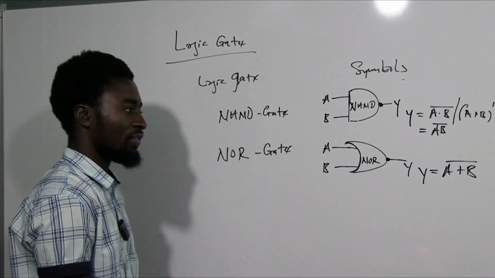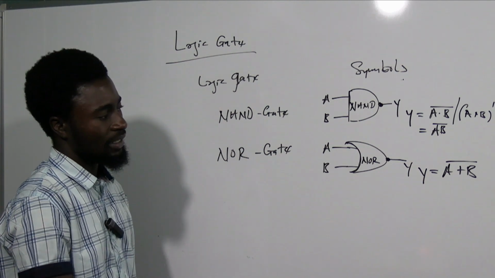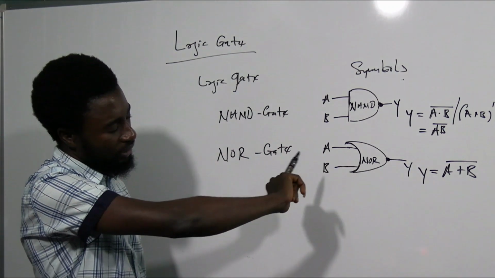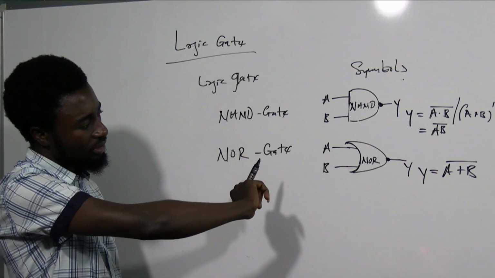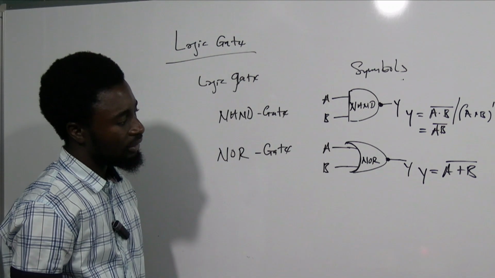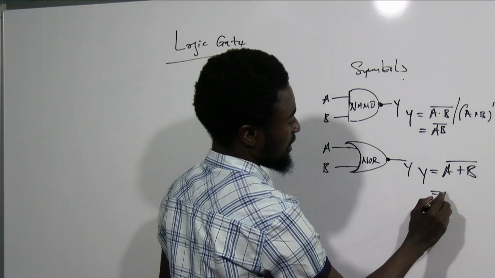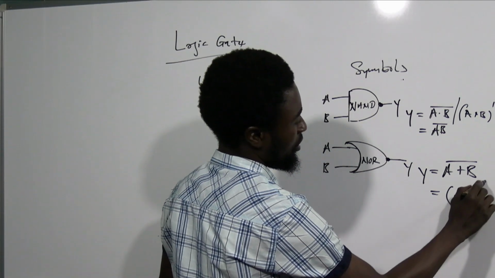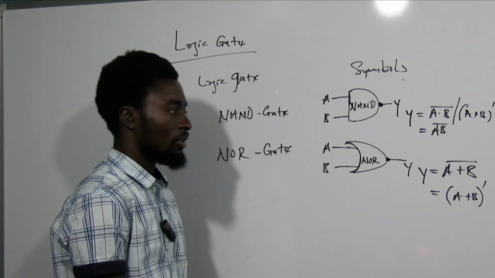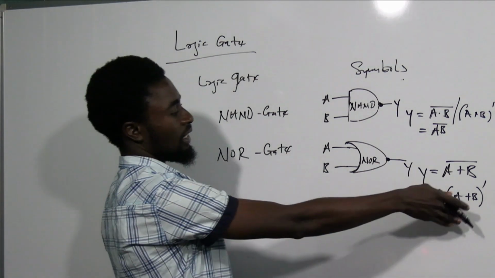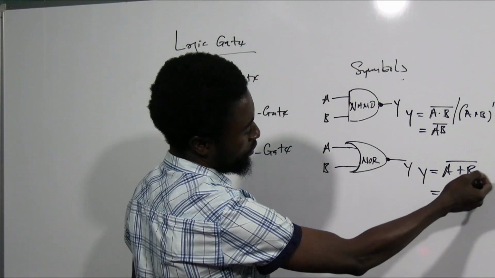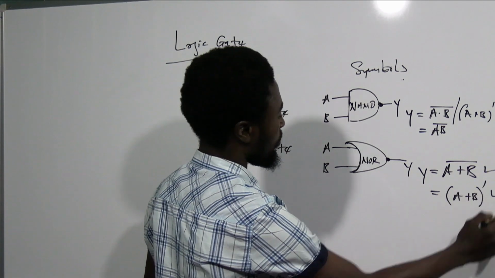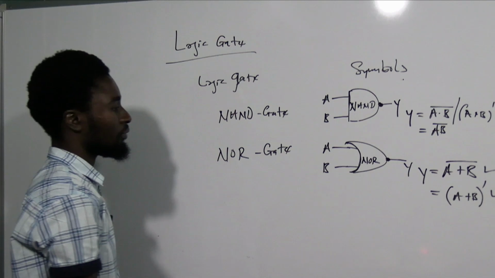So we are taking the complement of the output Y, and this also can be written as the expression A plus B, all complement. So any of these are ways to write it. You can choose any of these methods, depending.